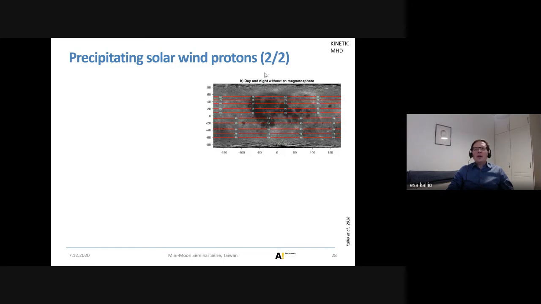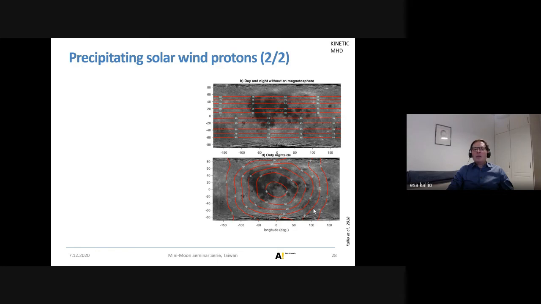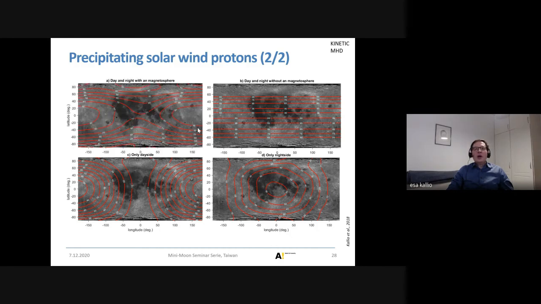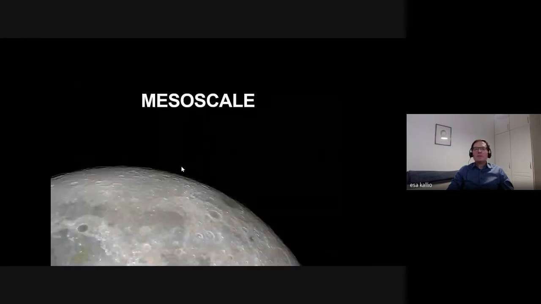I have included those contours as references because I'm running out of time. If you don't have a magnetosphere, precipitation would be equal. But we have a magnetosphere, so precipitation on the night side is different from the day side. And the average precipitation during one month is different. Also the energy of charged particles is different because magnetospheric plasma is different from the solar wind plasma.